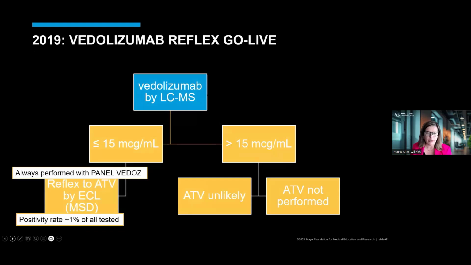For vedo, when we went live in 2019, the therapeutic concentrations were not well determined yet, so it was unclear what a good trough was for patients. For this go-live, we decided to offer a reflex approach, and we also decided to offer the panel at the same time. The reflex approach will only perform the anti-vedolizumab antibody when the drug level is low.